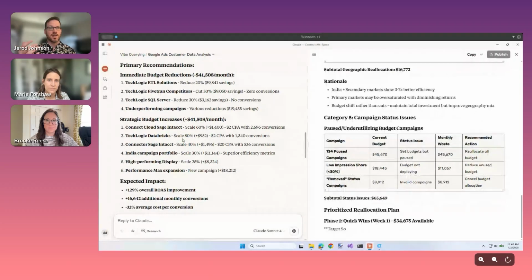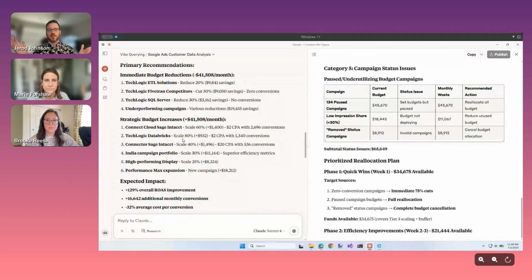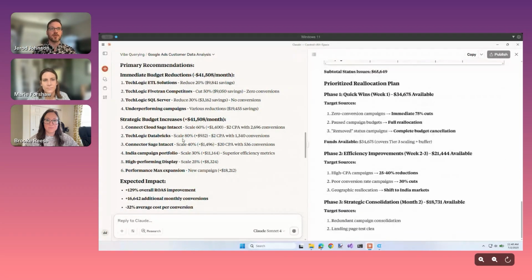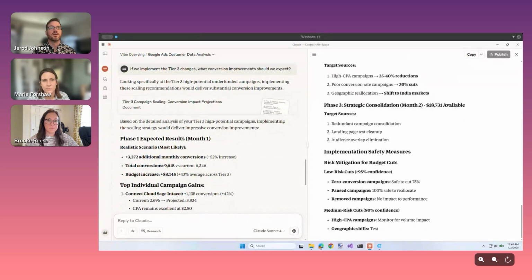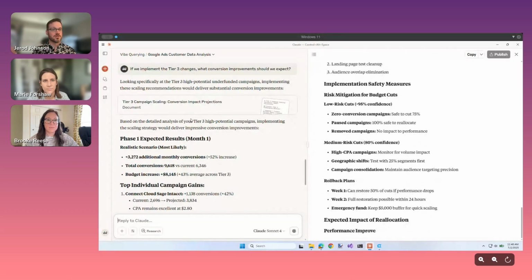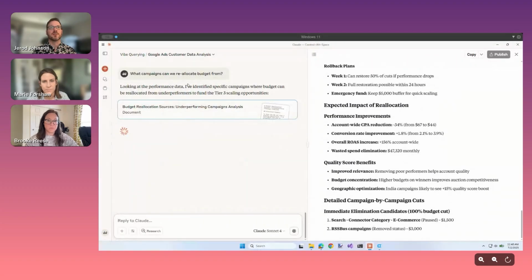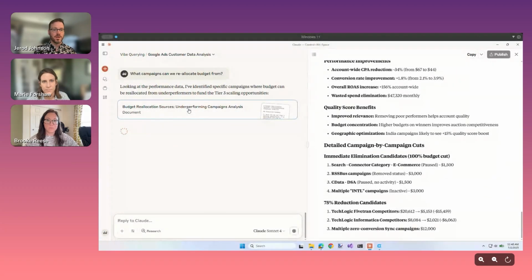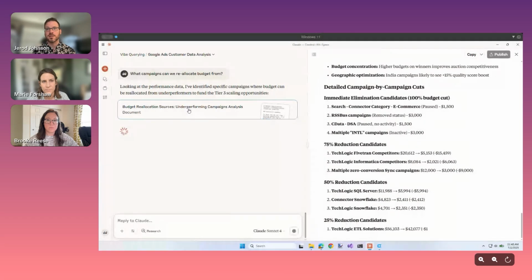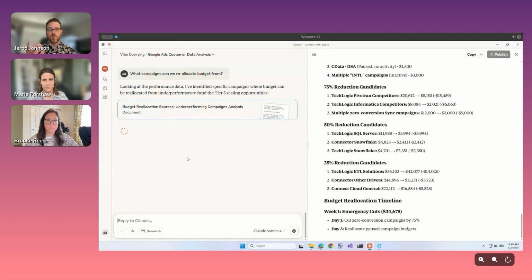It has gotten a ton of data, apparently holistically, about the work that you're doing. If it's able to identify tier 3 changes and conversion improvements, it's able to now identify where we could be pulling budget from in order to improve these other campaigns, which is really cool and super efficient.